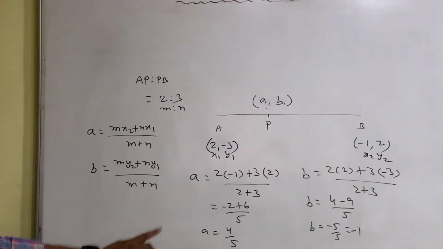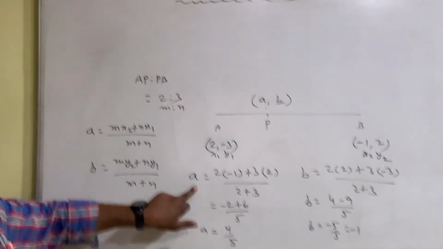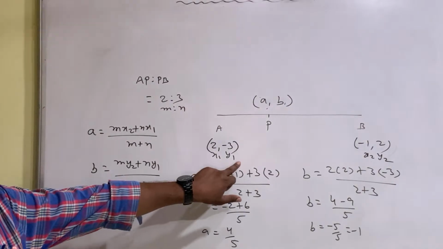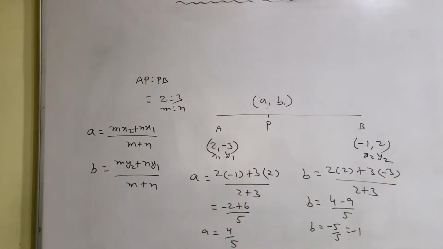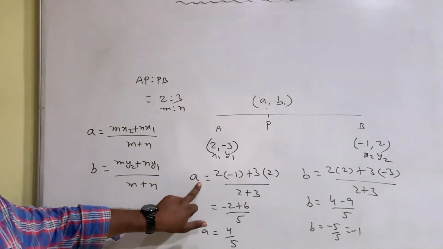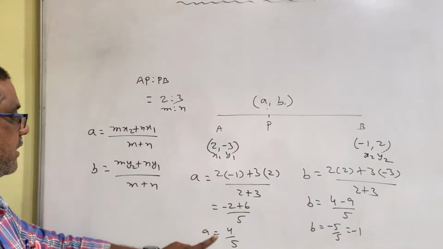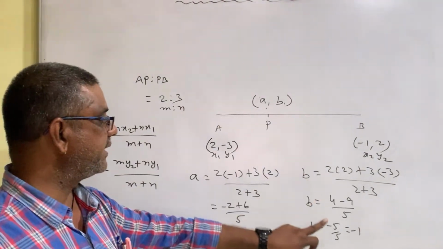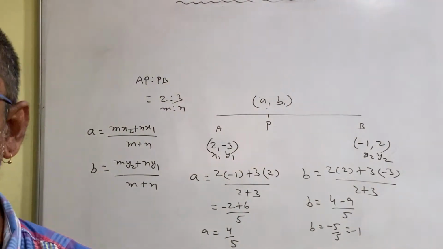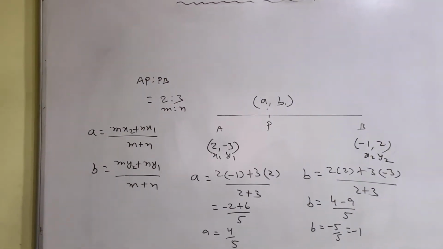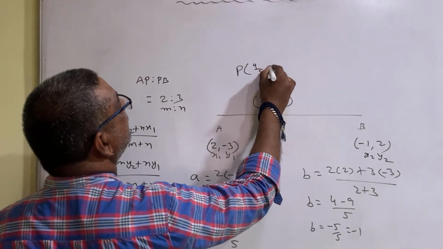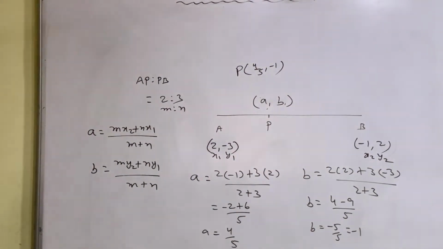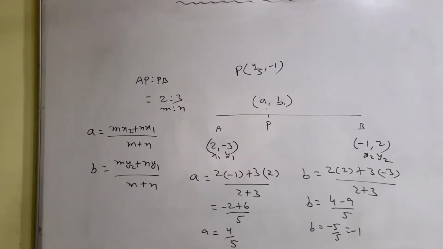Now, by applying this formula, assuming A coordinates as x1 y1, B coordinates as x2 y2, we can find out A value and B value. A we got 4 by 5, B we got minus 5 by 5, which is minus 1. So the coordinates of P are 4 by 5 comma minus 1. Is that understood, children?